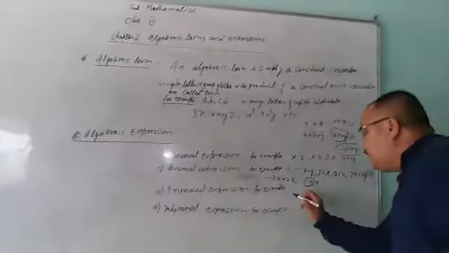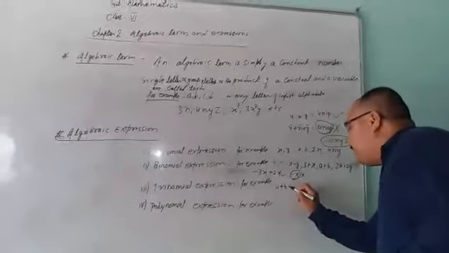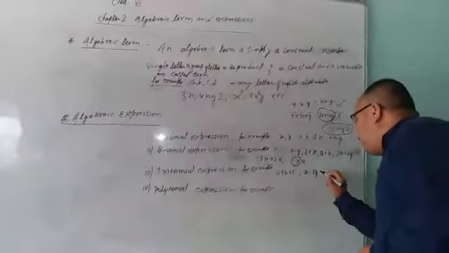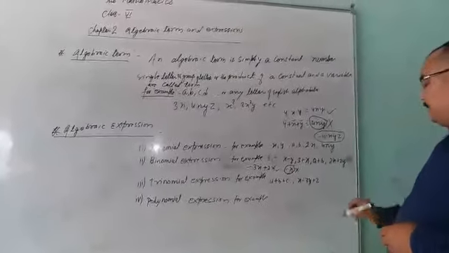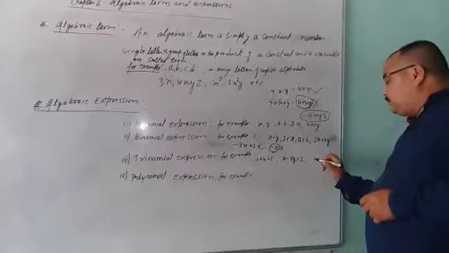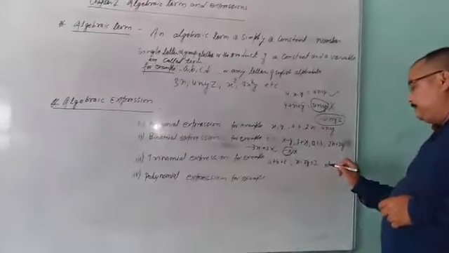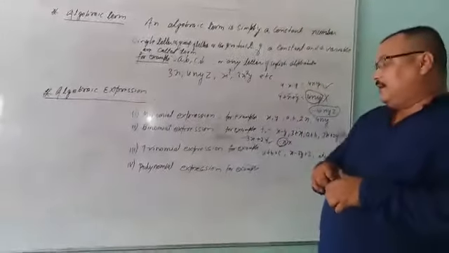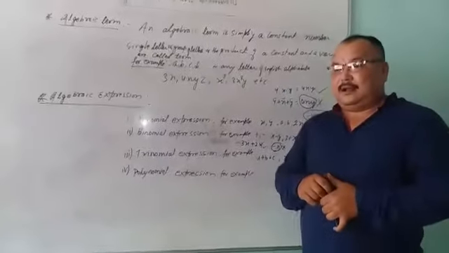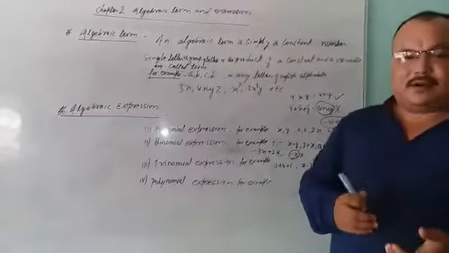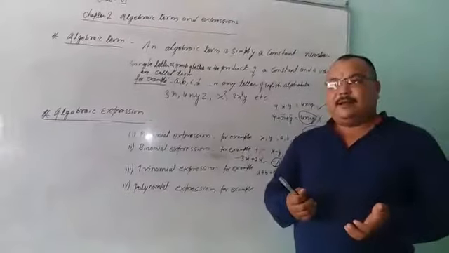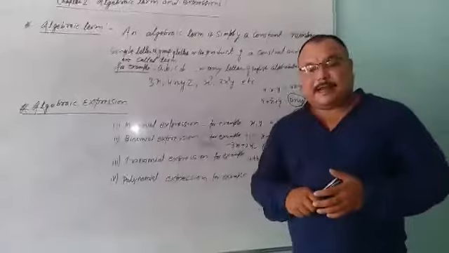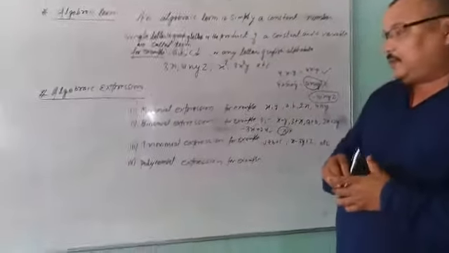For example, a plus b plus c, or x minus 3y plus z, and so on. These are two examples of trinomial expressions. An expression which has three terms separated by plus or minus sign is called a trinomial expression.